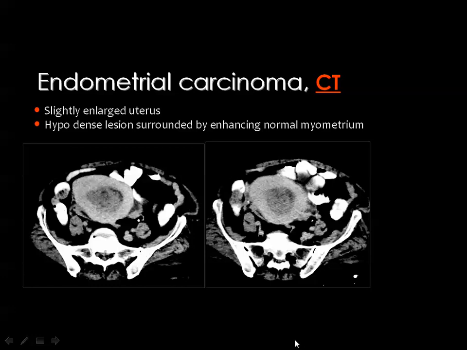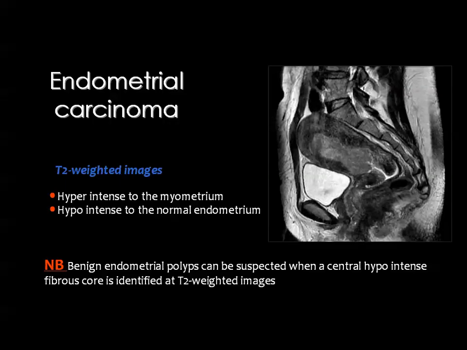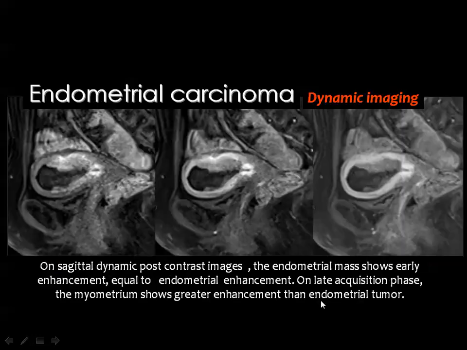Also, the CT appearance of endometrial cancer is non-specific as well. The uterus is slightly enlarged, and it contains an abnormal soft tissue mass, which may invade the endometrium, as you know, the myometrium, as you know. Then by MRI, the endometrial carcinoma is a mass which is more bright than the myometrium in T2 and less bright than the endometrium.